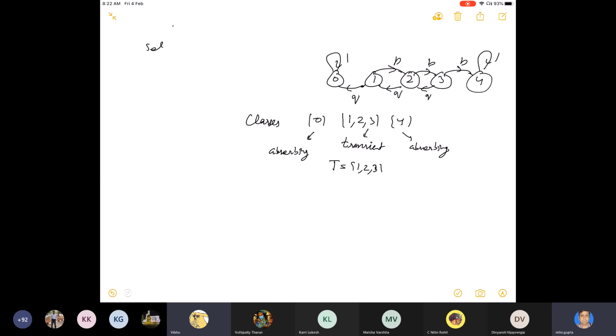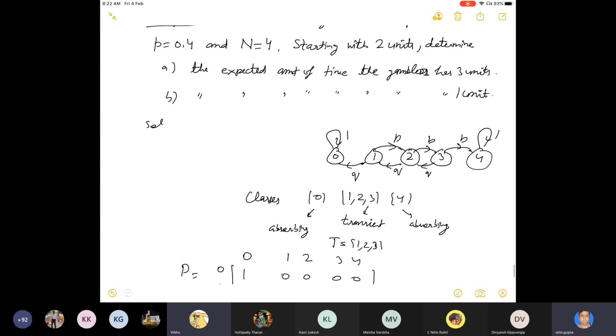Then what is the corresponding TPM? The states are 0, 1, 2, 3, 4 along rows and columns. So this is 1, 0, 0, 0, 0. Now this is 0.4. What is the value?